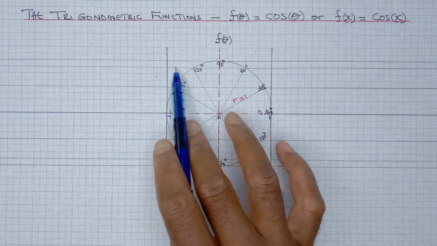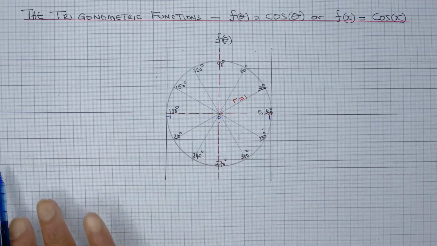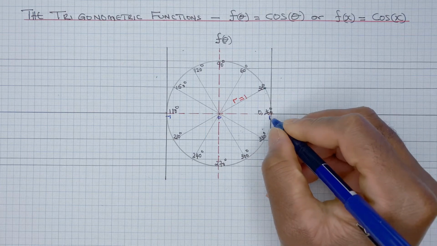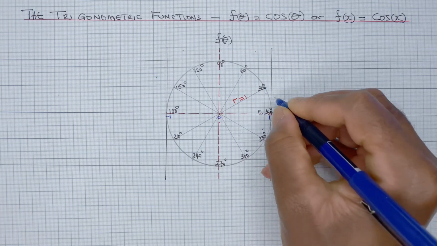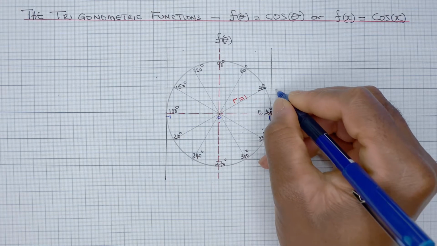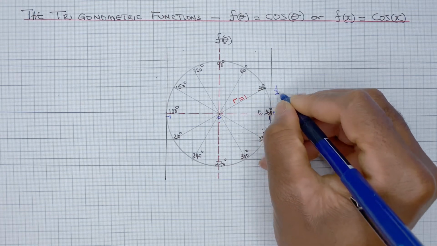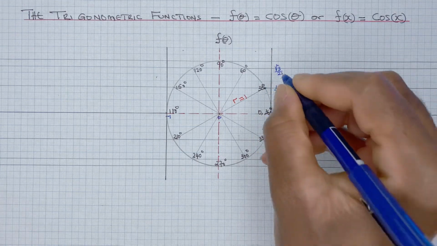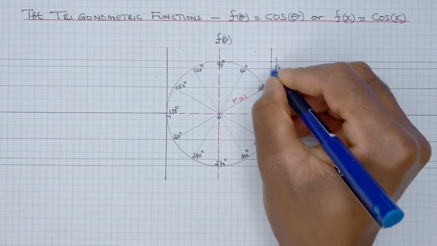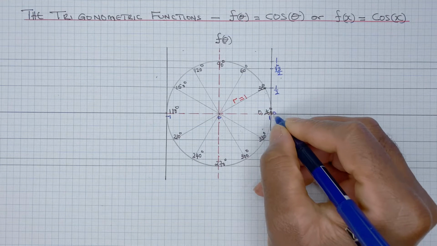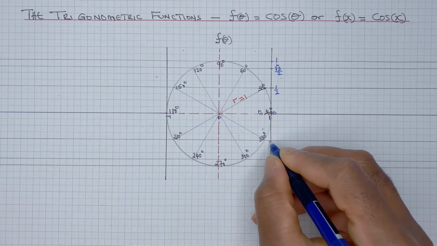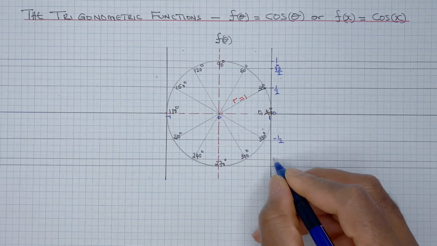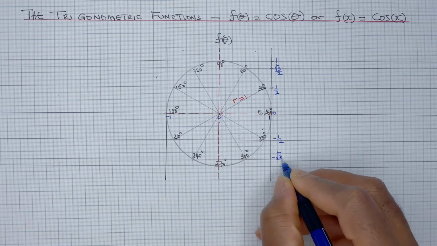Right, so what I've done is I've extended the line across so that we can map out what we're drawing. This is 0, and this is a half. This point here is root 3 over 2, and this is 1. That's 1. And here is minus a half. This is minus root 3 over 2.